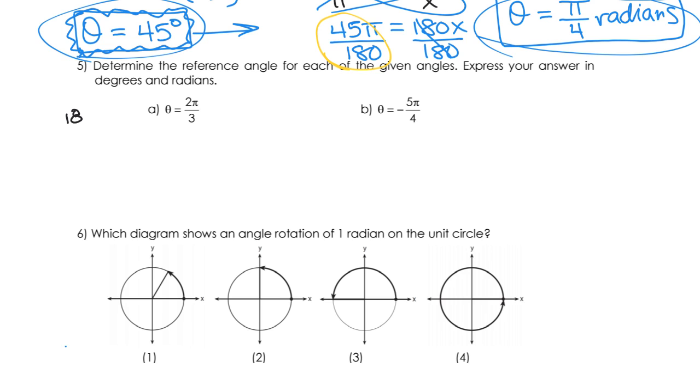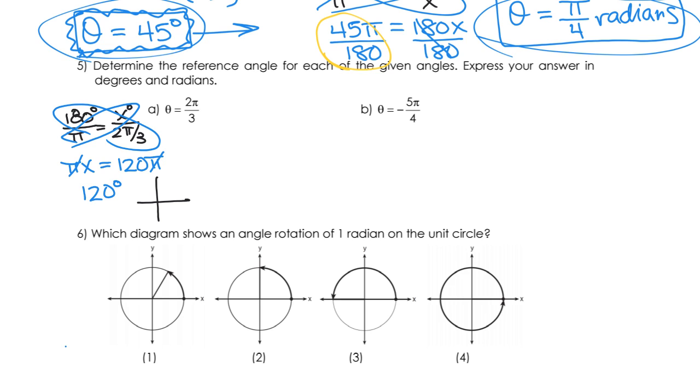So we have 180 degrees over pi radians is equal to x amount of degrees over 2 pi over 3 radians. Okay? If we cross multiply, we get pi x, or x pi, equal to 2/3 times 180 is 120 pi. Pi on the left and a pi on the right, we end up with 120 degrees.